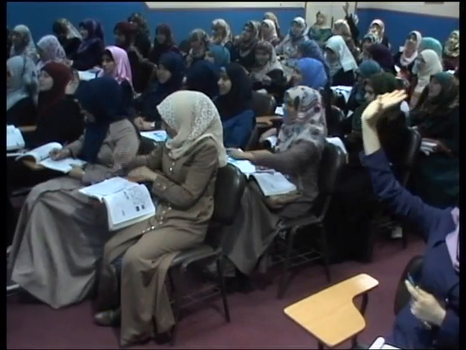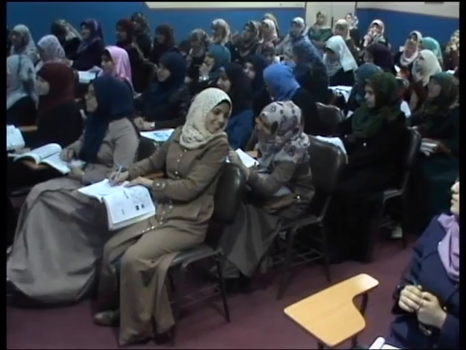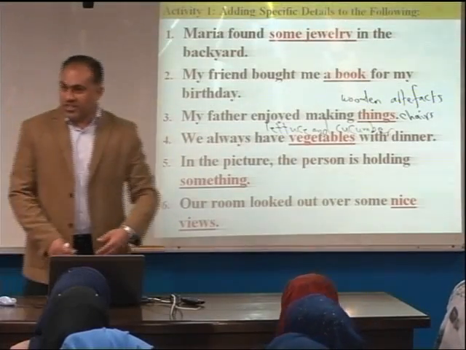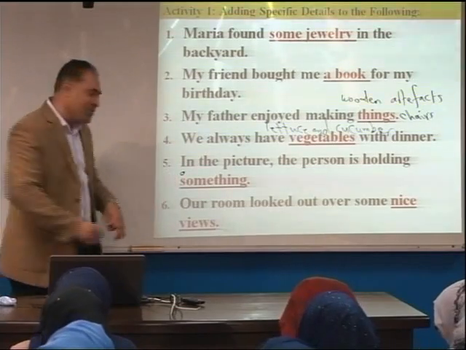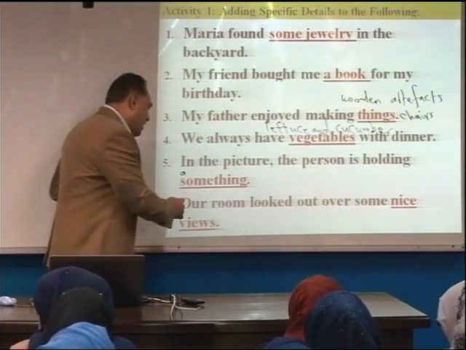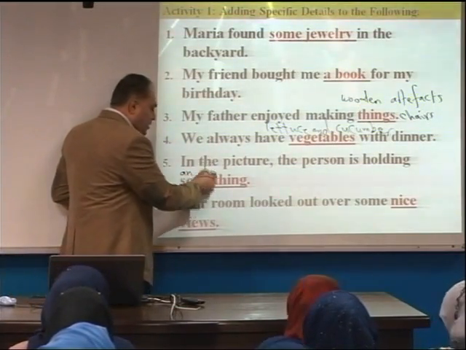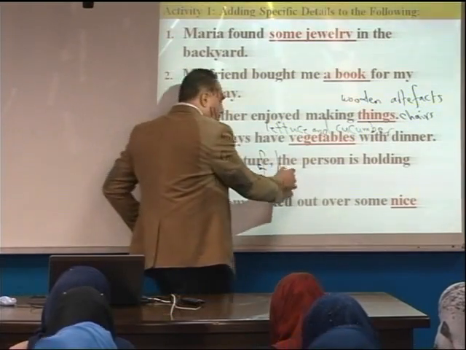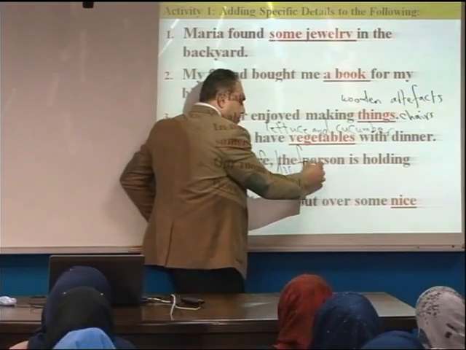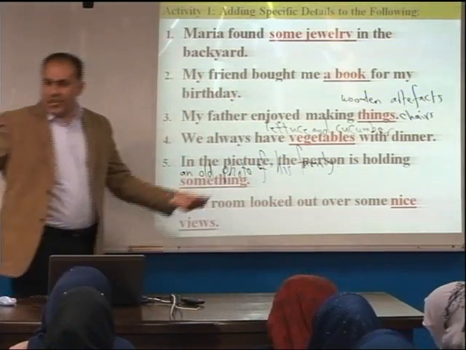Very nice. Or a small piece of paper. We can say in the picture the person is holding a knife or a gun. An old photo of his family. Okay? Now it is clear.